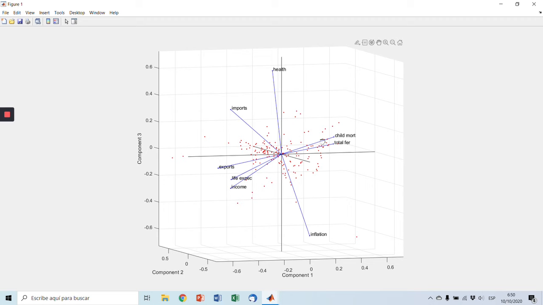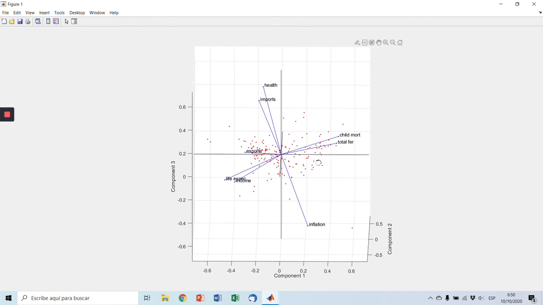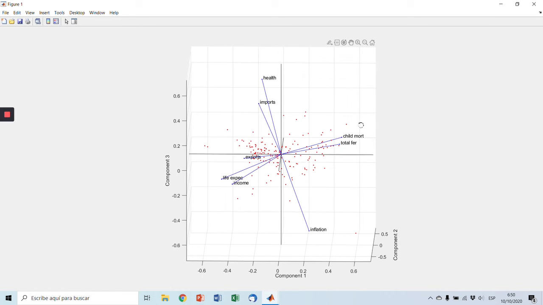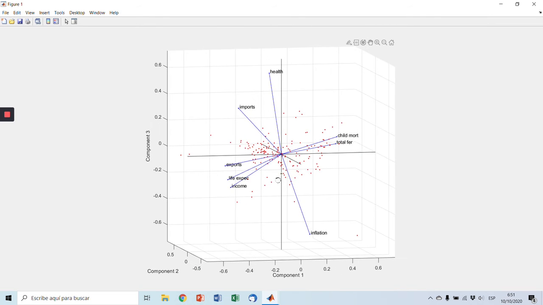So these axes are the projections of the input variables onto the first three components, and these projections, for instance, show us that child mortality and total fertility are very much related, and since they are almost on the same direction, so that means that they are very much related not in a linear way, but there is a very strong correlation between them and these three components.